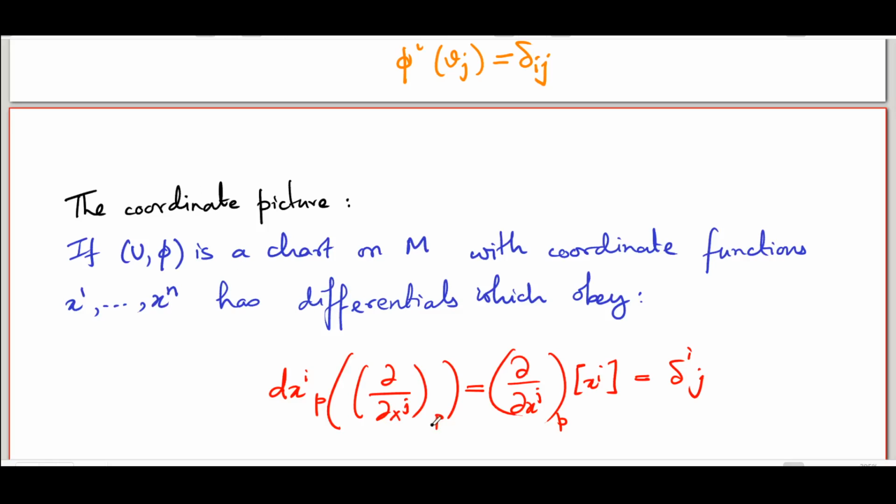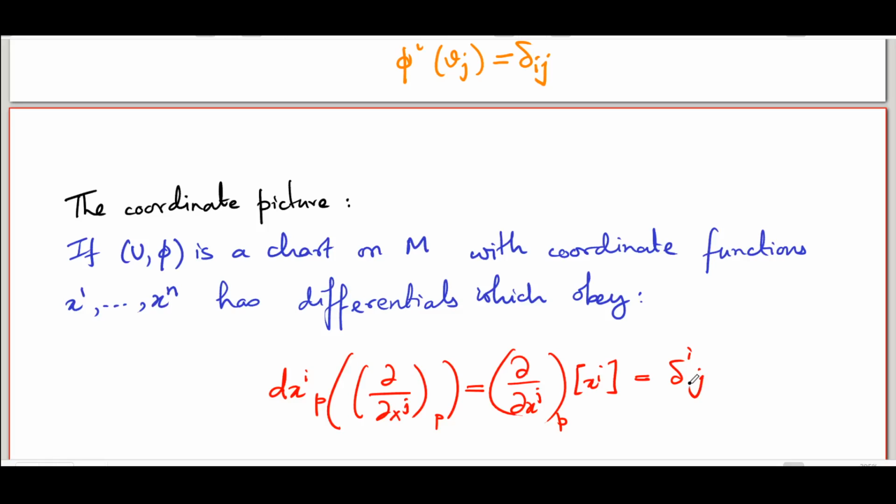Acting on del x_j at P, the tangent vectors to coordinate curves, you will get the following. From the definition of a differential of a function acting on a vector, the result is the same as del x_j at P acting on the function x^i, and as we have seen several times before and should be obvious from the notation, this is delta ij.